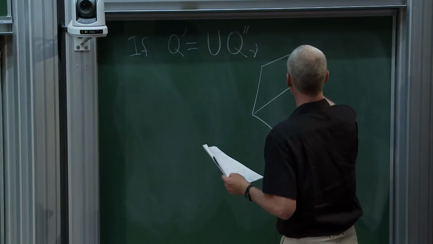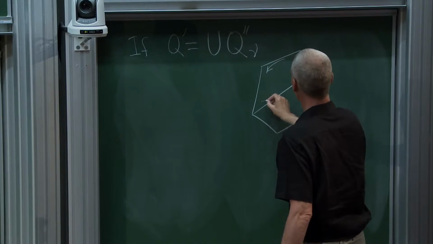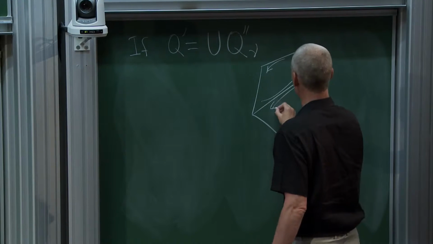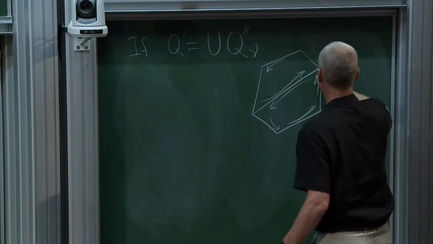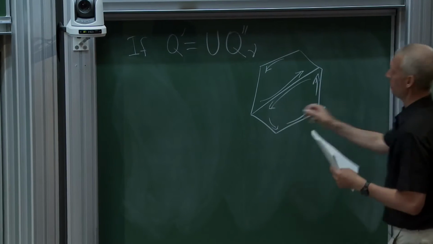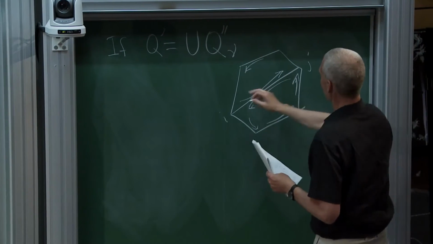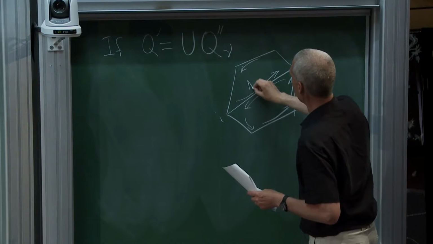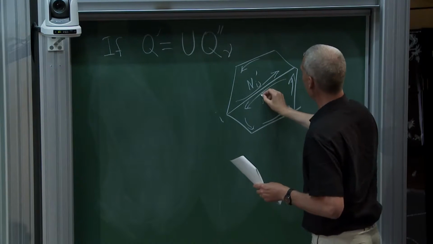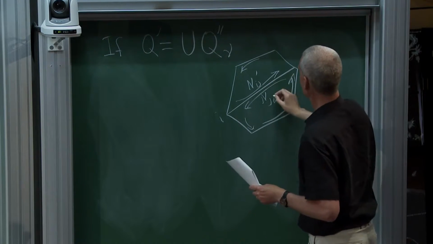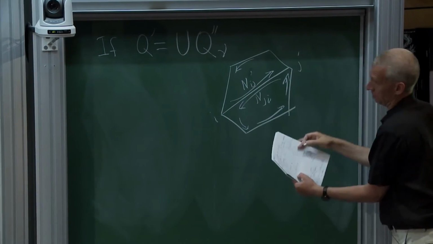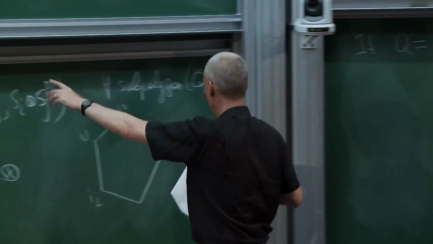Then we read this one counterclockwise, and we read this one counterclockwise. And this edge here, for instance, is I and J. So in the tensor product there will be N_ij, and here will be N_ji. And we pair them together using this pairing appropriately.